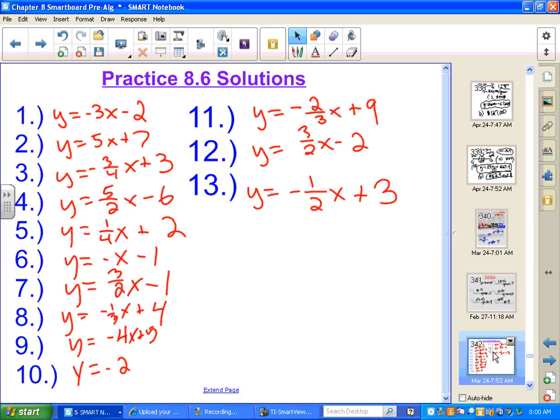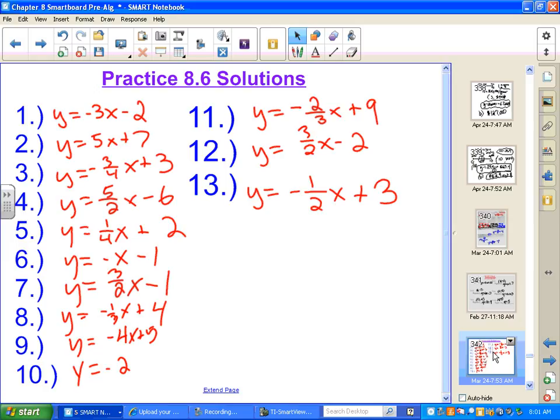Number 6, y equals negative 1/3 x plus 4/3, but you should really have y equals negative 1/3 x plus 1.3 repeating, sorry. Number 8, y equals negative 3x plus 5. Number 10, y equals 1/2 x minus 8.